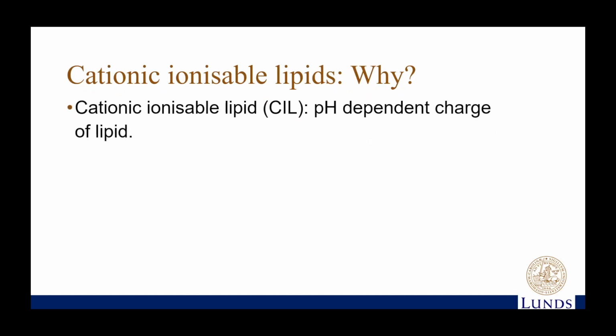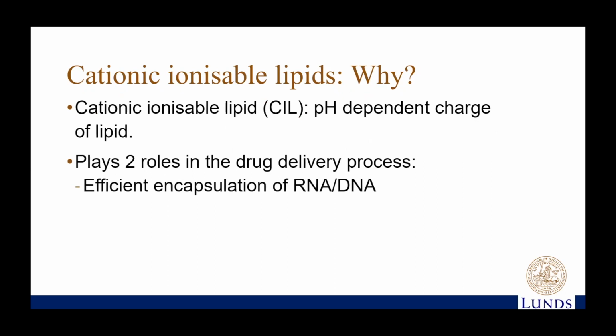These are lipids which have a charge dependent on their environment. And this property allows them to address some of the challenges that are currently associated with lipid nanoparticles. One of them is efficient encapsulation of the RNA, so it more efficiently binds to the DNA or RNA during the self-assembly of the lipid nanoparticle. And then also helping to release the RNA and DNA into the cell when it arrives there.